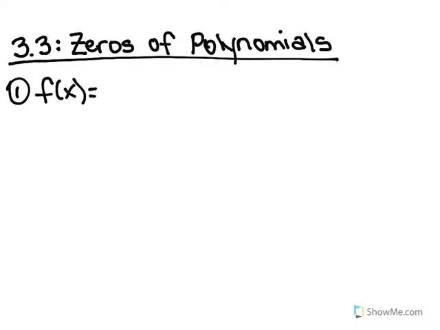F of x equals x to the third minus 2x squared minus 13x minus 10. Okay? Now, I don't give you a start.